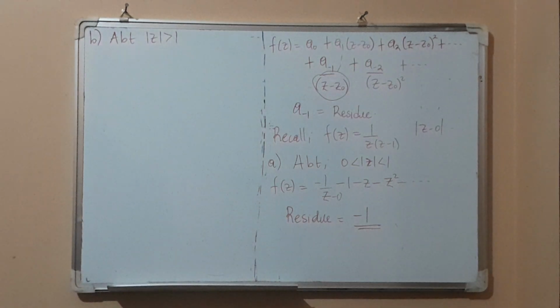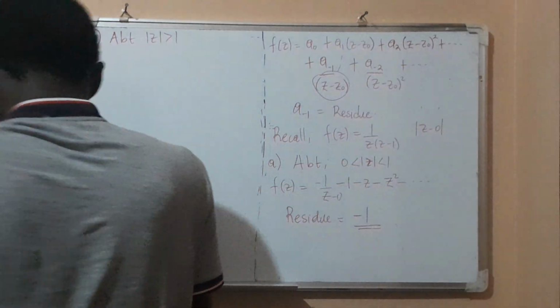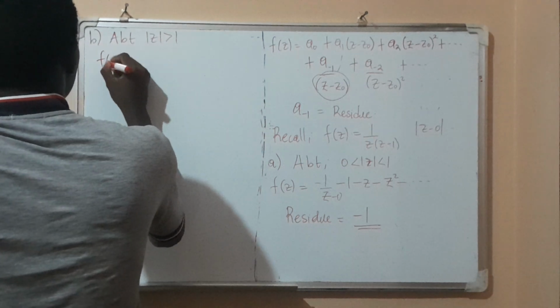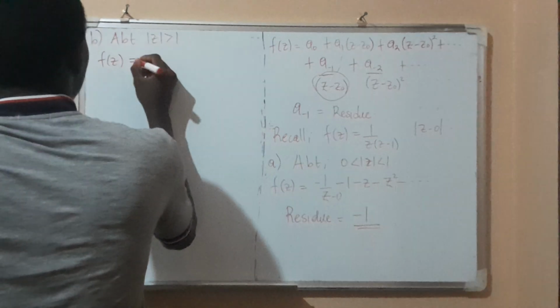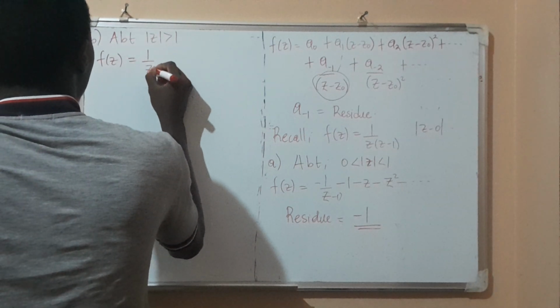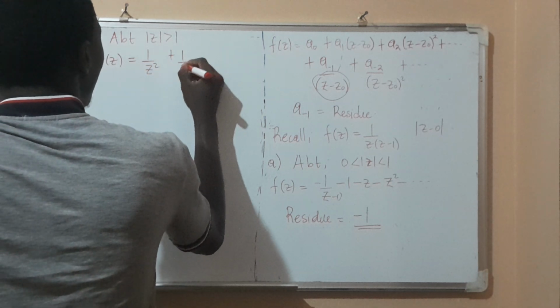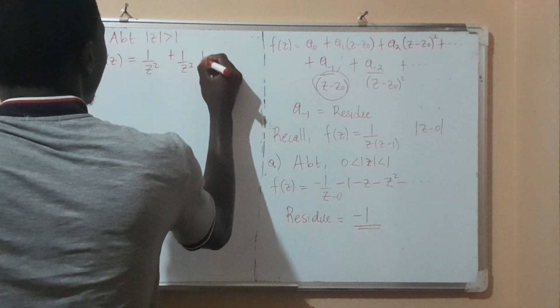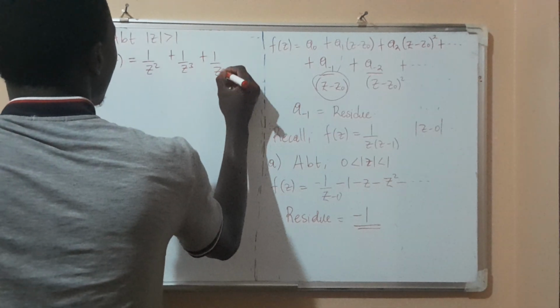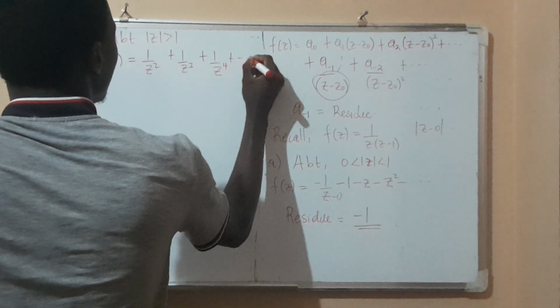And our answer was f of z equals 1 over z squared plus 1 over z to the 3 plus 1 over z to the 4.